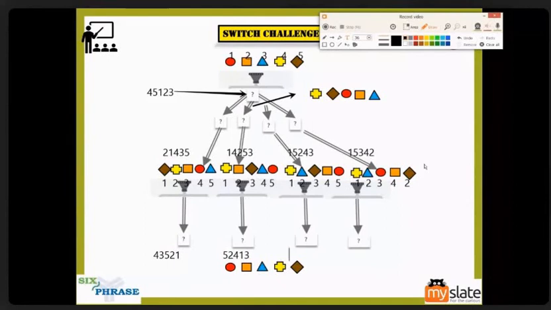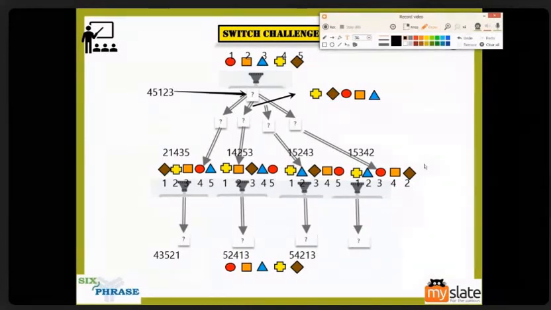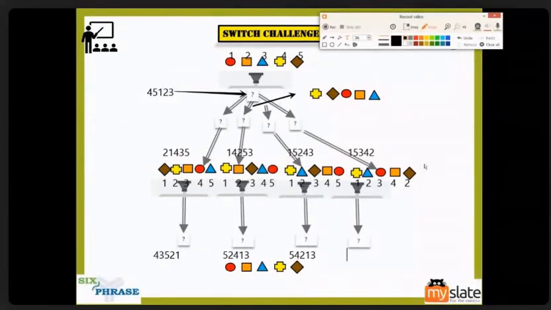And finally this is going to be 3 4 2 1 2. Okay, guys, so these are the answers. If you check it, it will be right. I think, yeah, 2 1 4 3 5.